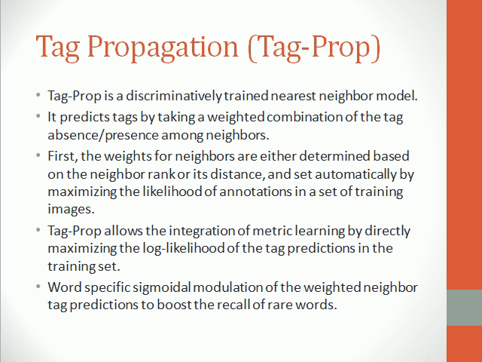TagProp also allows integration of metric learning by directly maximizing the log likelihood of tag predictions in the training set. It uses word-specific sigmoidal modulation of the weighted neighbor tag predictions to boost the recall of rare words. Thus, it somewhat approaches the problem of rare labels and class imbalance.